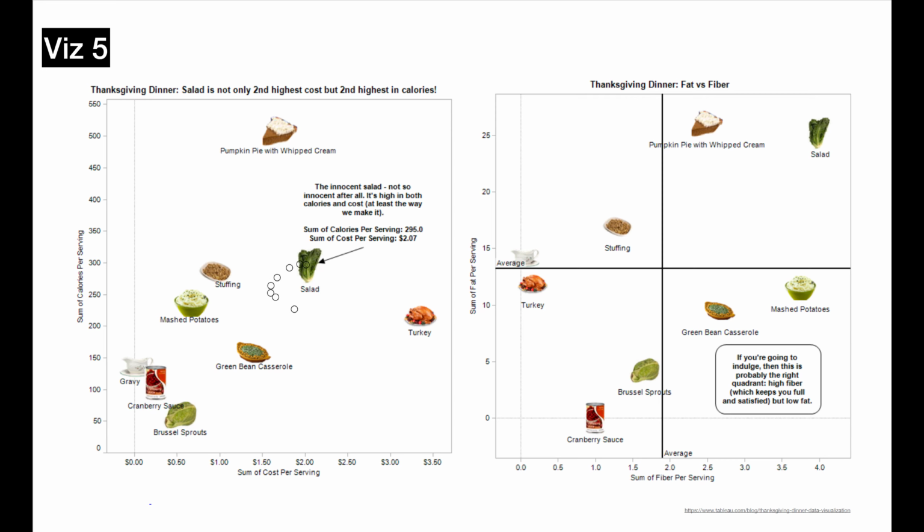And so, it's attractive. It depends on who your audience is, but this might be interesting to someone who's just kind of casually interested in calories and cost of things.